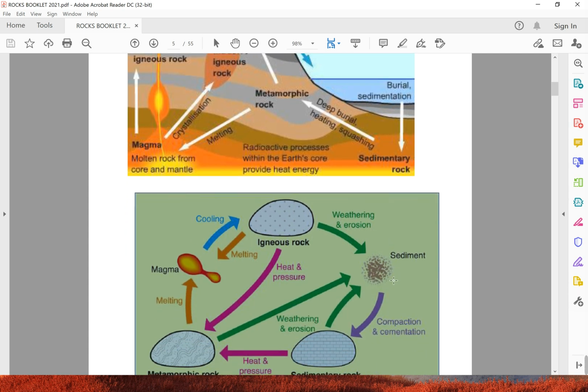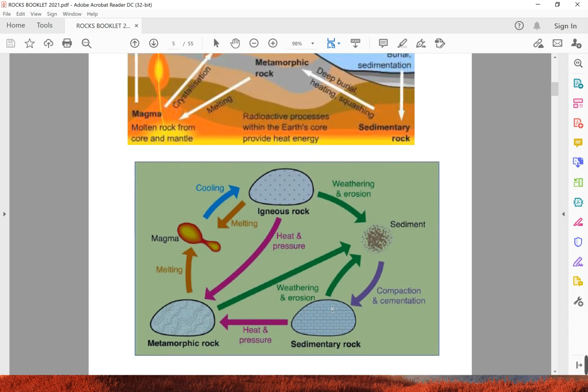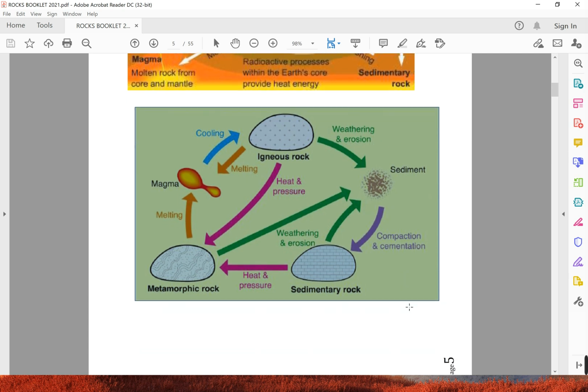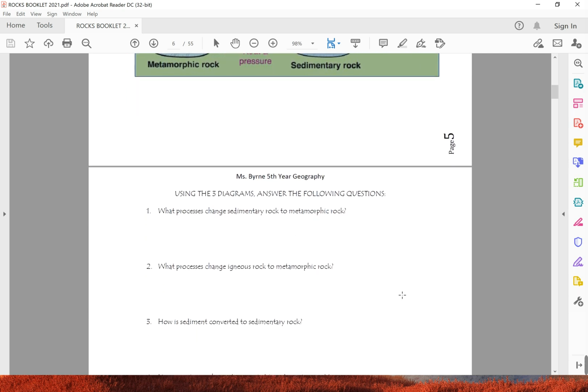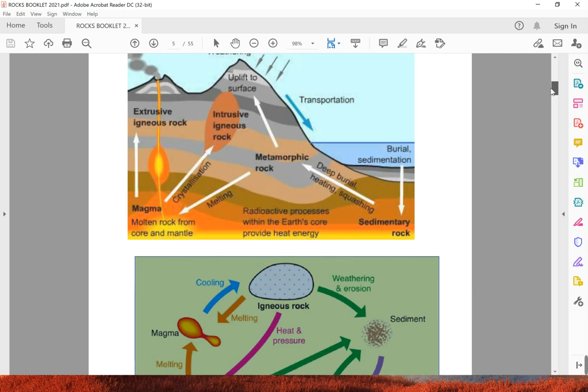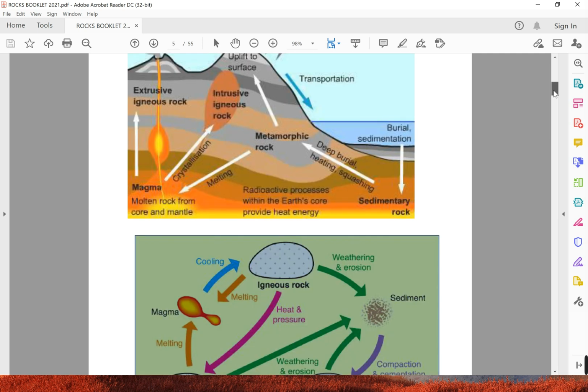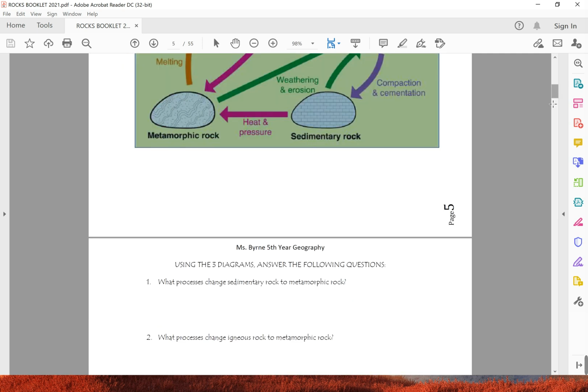Here is the sediment. How is that converted to sedimentary rock? And here it says compaction and cementation. Okay, so between both of those diagrams, and also by possibly using these notes here, you should be able to answer these questions that I'm going to put up as an assignment.